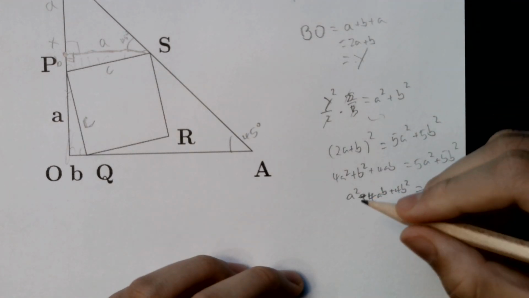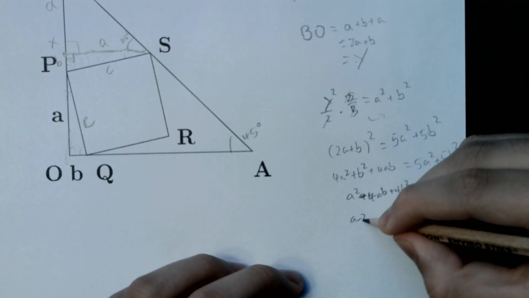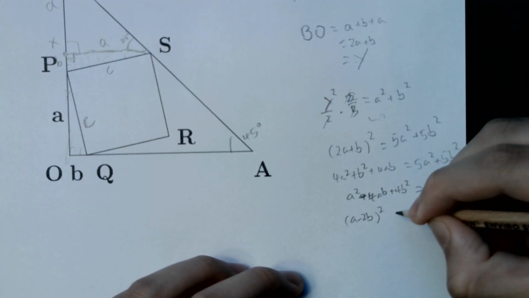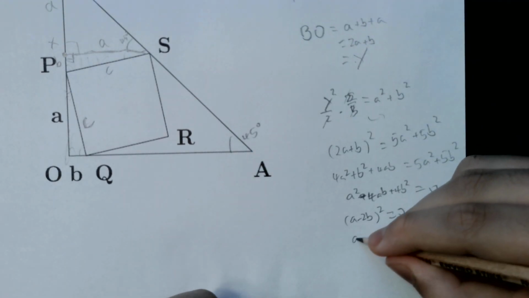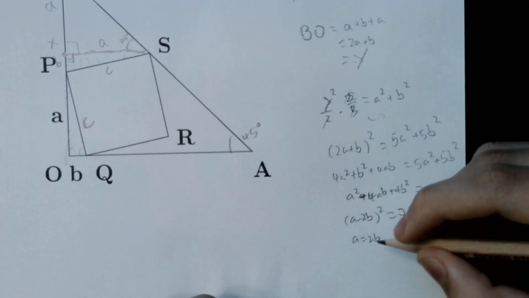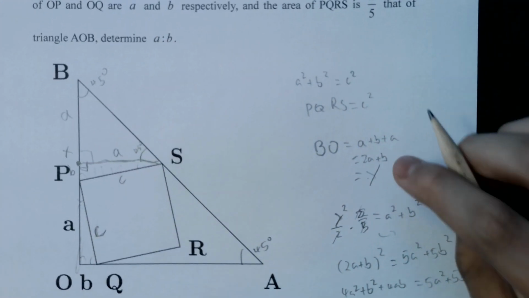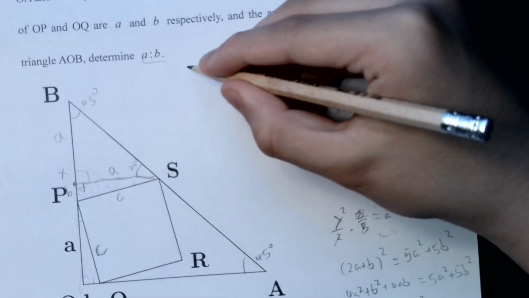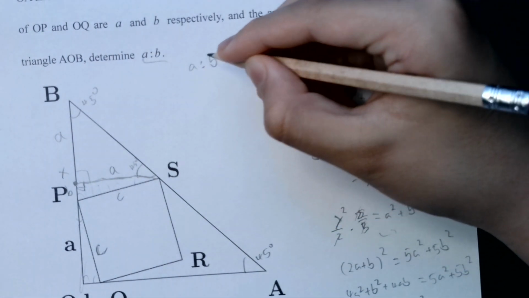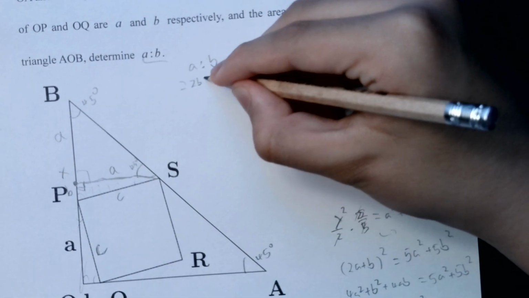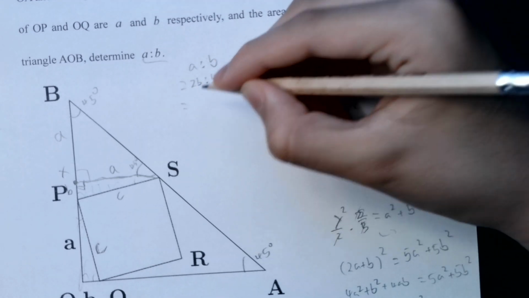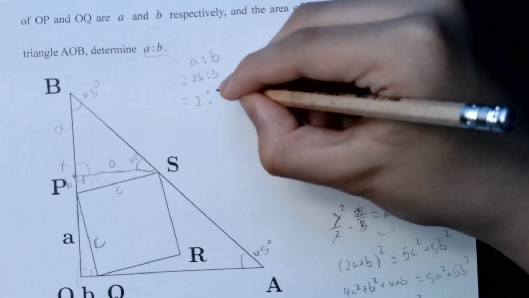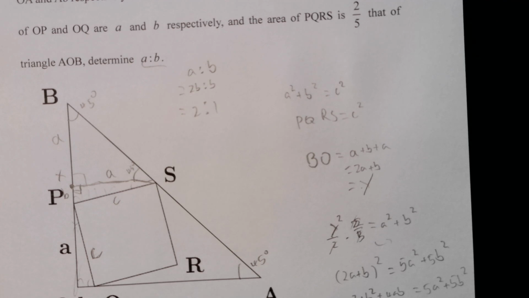Now we can just factor this into (a minus 2b) squared is going to be equal to 0, and hence a is going to be equal to 2b. Now because a is equal to 2b, this ratio a to b can be rewritten as 2b to b, or our new ratio is going to be 2 to 1. So this ratio, a to b, is going to be 2 to 1.